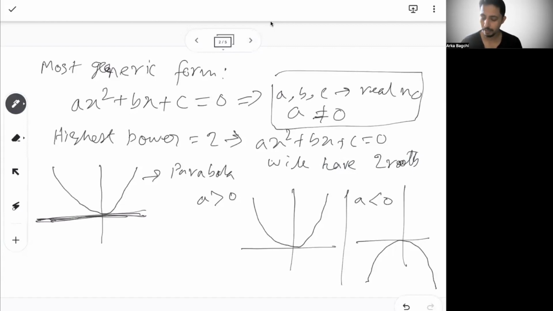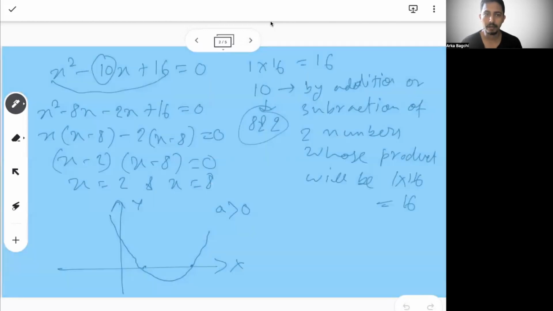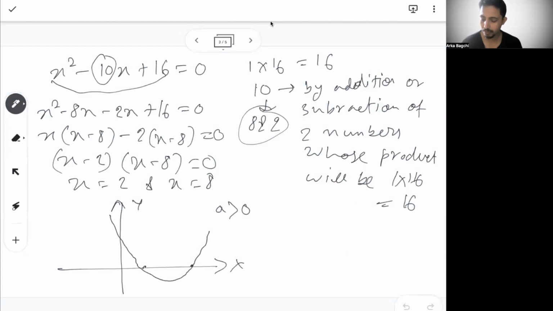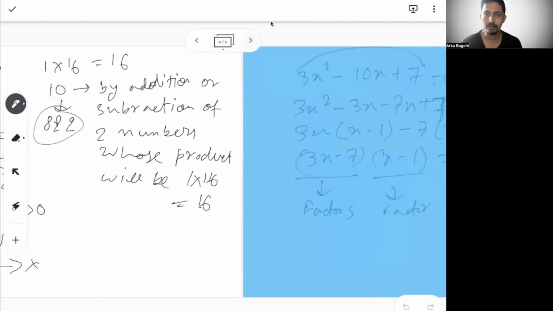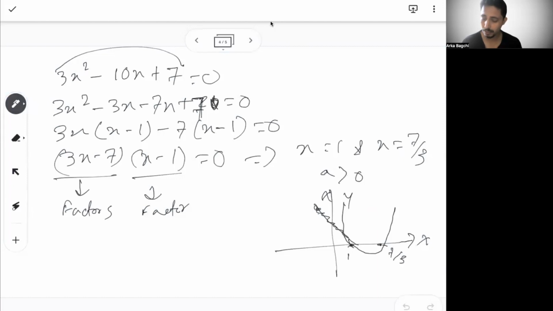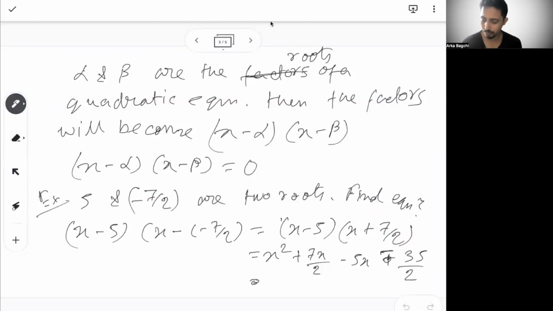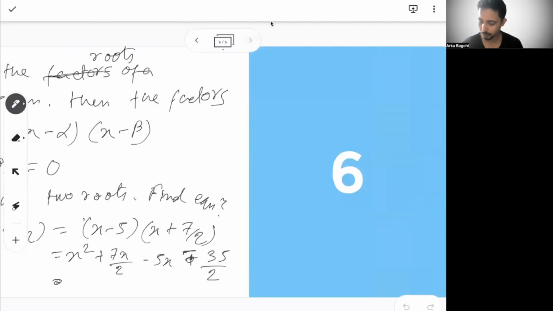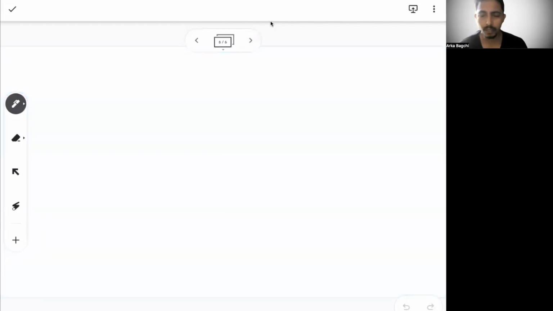Then we understood the graphical representation of a quadratic equation. Then we saw how to solve a quadratic equation, how to find the factors, and from the factors how to find the roots. And if two roots are given, from the roots how to find the factors, and once you find the factors, how to find the equation of the quadratic. So now let's talk about the inequalities.